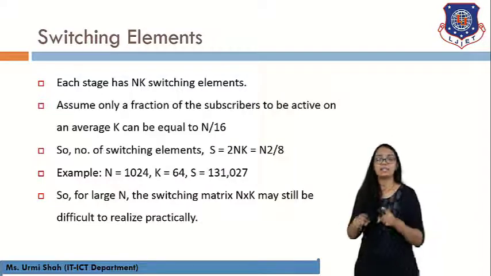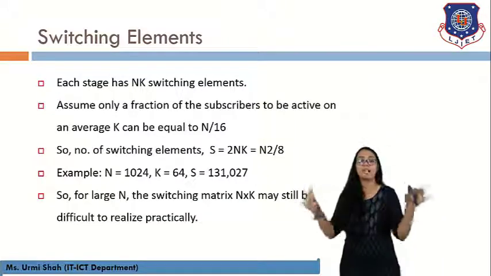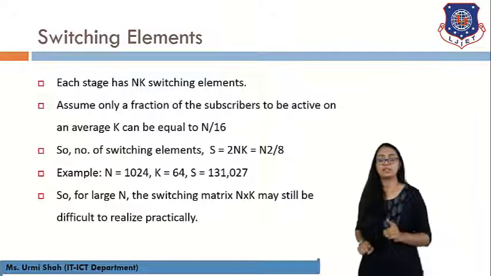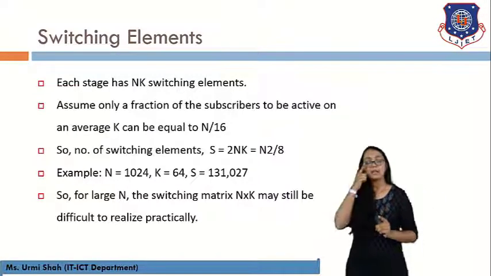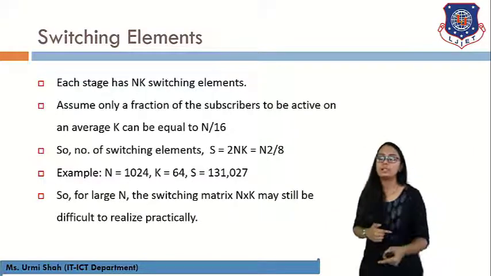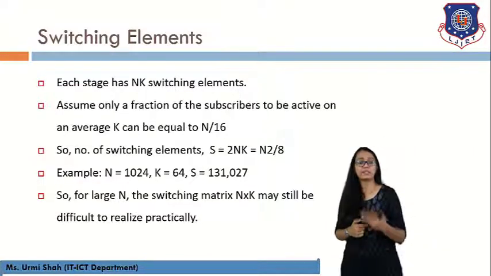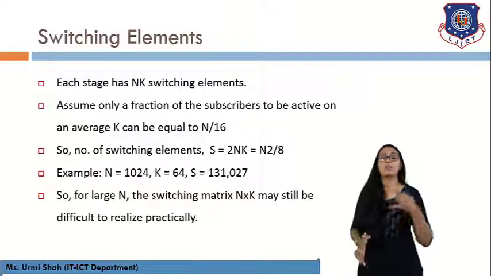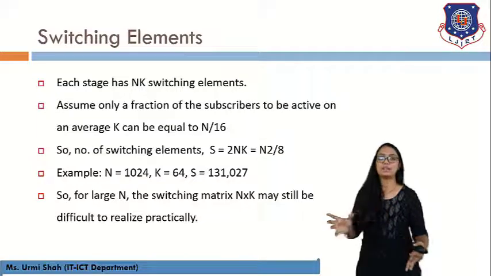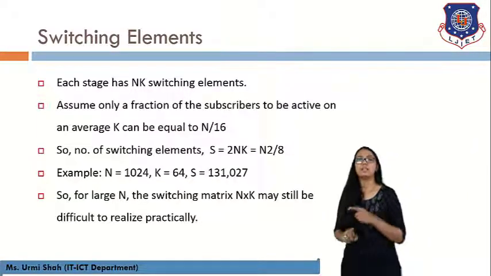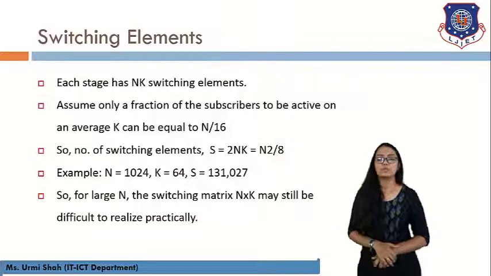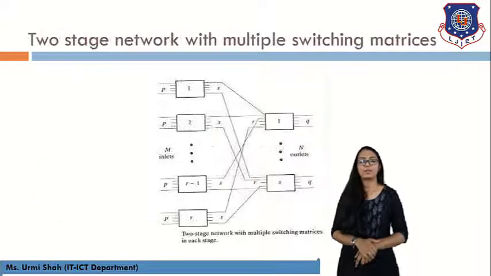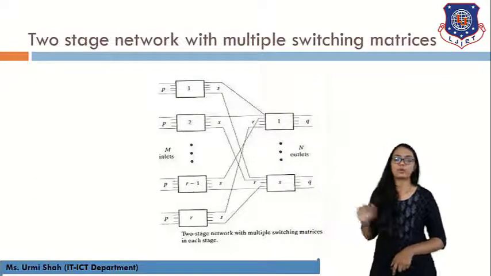But the limitation is for a large value of N, the switching matrix N cross K may still be difficult to realize practically. Why? Because the more switching elements, the more connections you have to make with the subscribers. That is the drawback. Otherwise, you can practically realize this type of network.